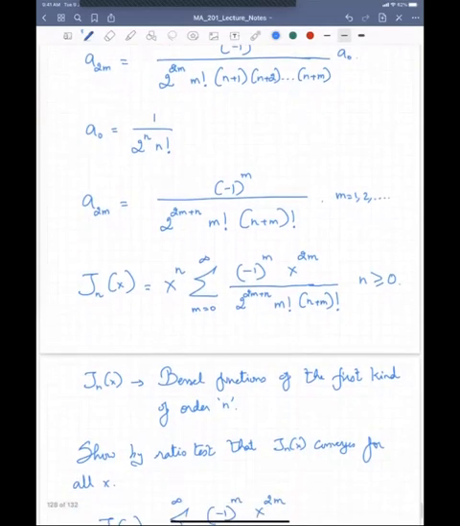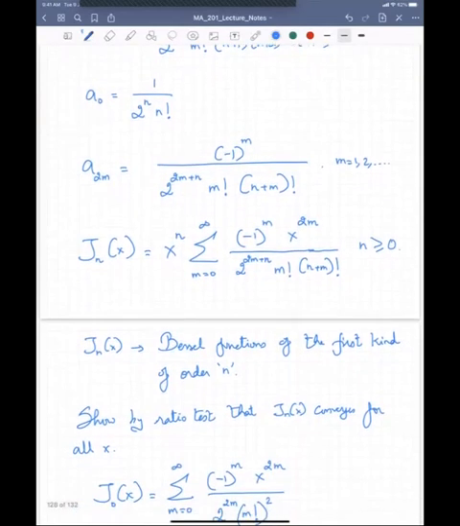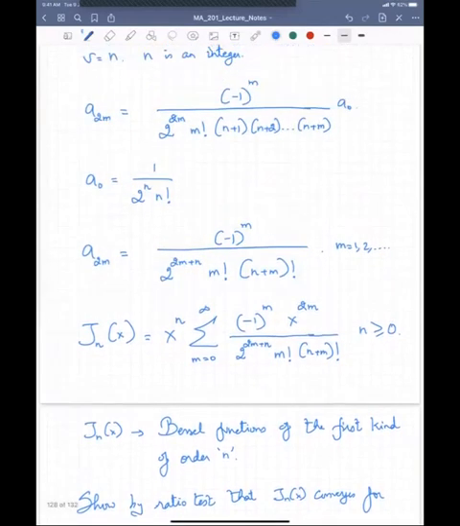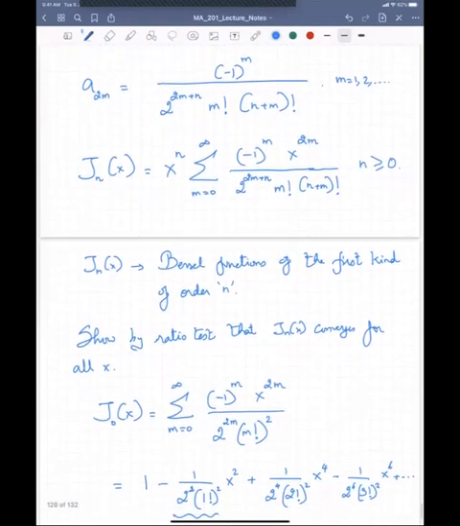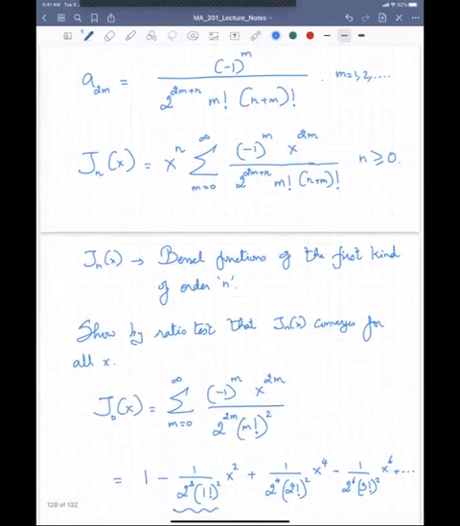With the choice of a0 as 1 over n factorial, I'm able to collapse these unwieldy factors of n plus 1 times n plus 2 and so on into a neat (n plus m) factorial. This enables me to write the solution, which I'm calling J_n of x, the Bessel function of the first kind of order n, in a neat form.